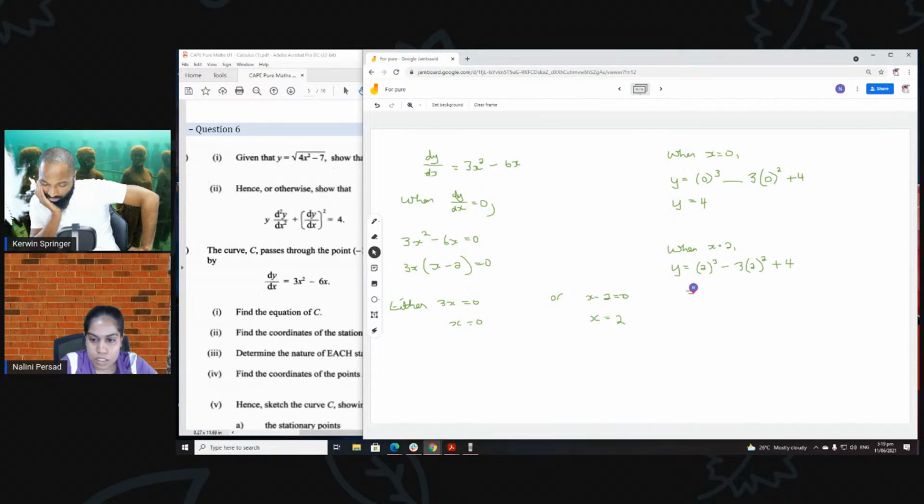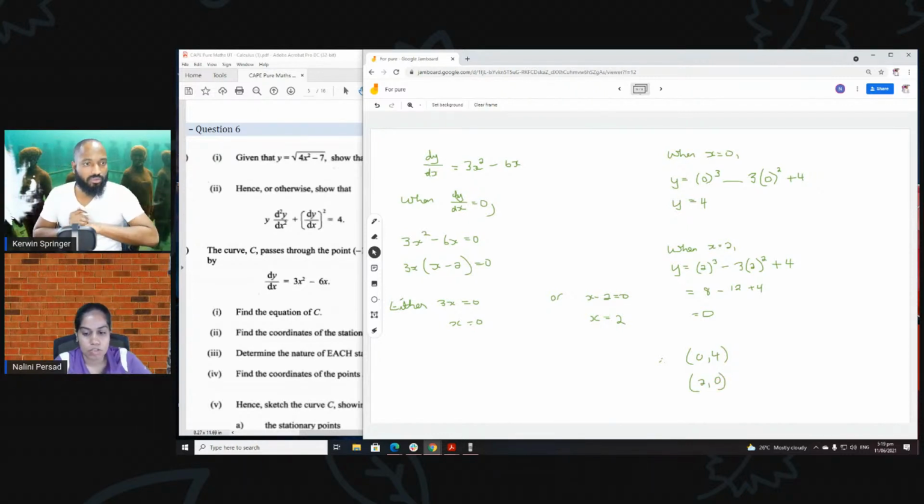So 2 cubed is 8 minus 12 plus 4, and that will give you 0. So the 2 points would be 0, 4 and 2, 0. So those are your two stationary points, 0, 4 and 2, 0.